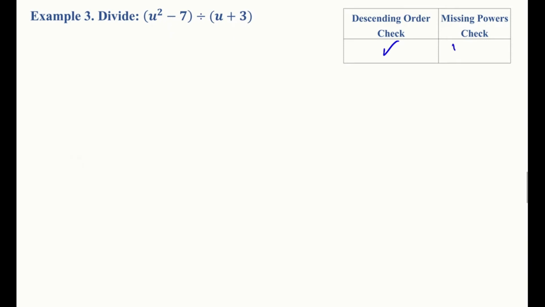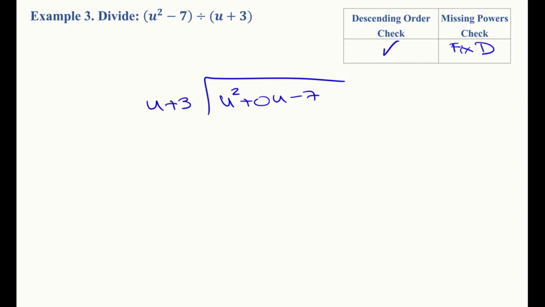So we're going to fix the dividend, okay? And to do that, of course, we need to bring in a filler. So we're going to write the dividend as u squared plus 0u minus 7, and the divisor is fine. We'll leave it as it is.